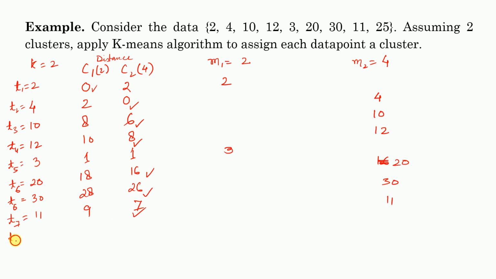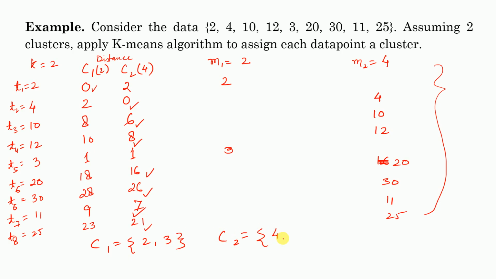Now T8, 25. So this is 23, this is 21. So minimum is 21. So this point is assigned to this cluster. Now after completing this step, cluster C1 has only 2 points, 2 comma 3, and cluster 2 has these points: 4, 10, 12, 20, 30, 11, and 25.